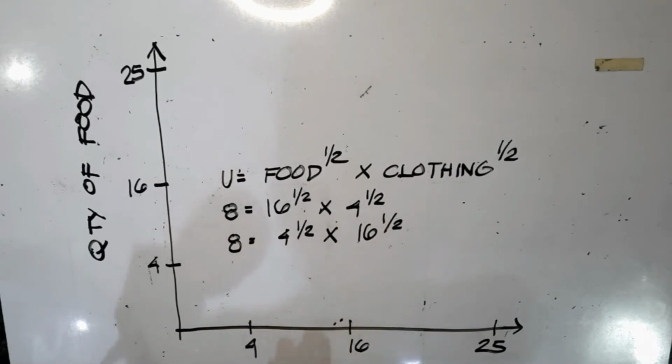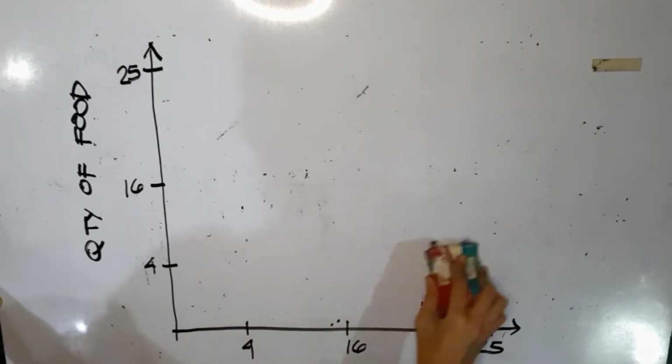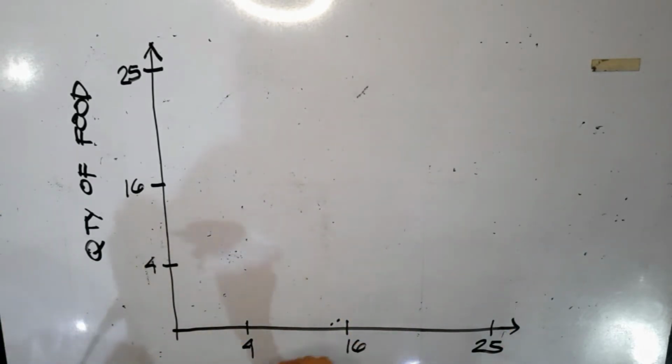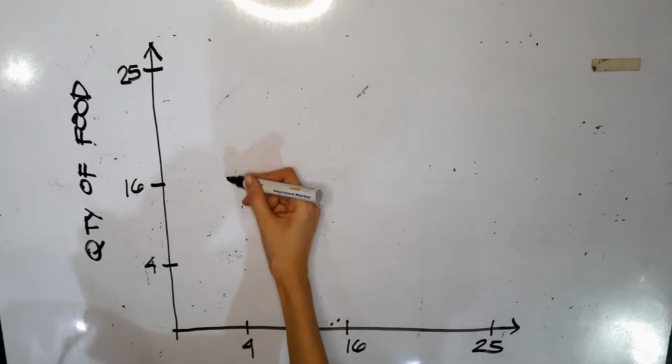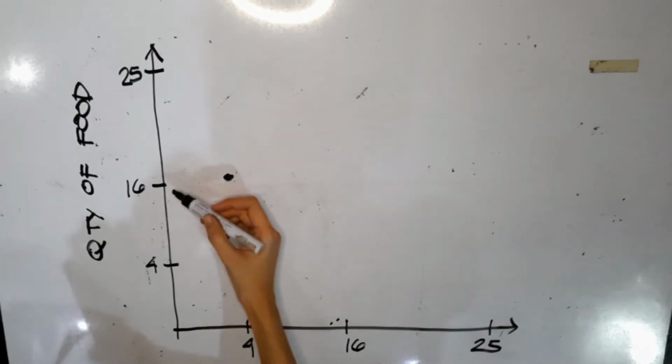So all of these combinations would give you a utility of 8. So let's plot this. So to get an 8, you may have this.